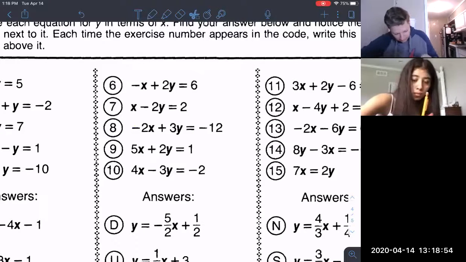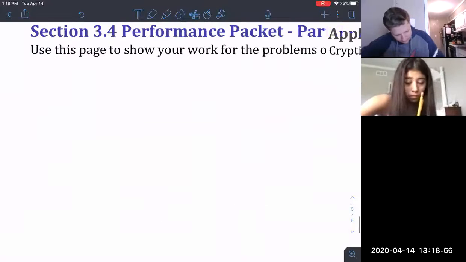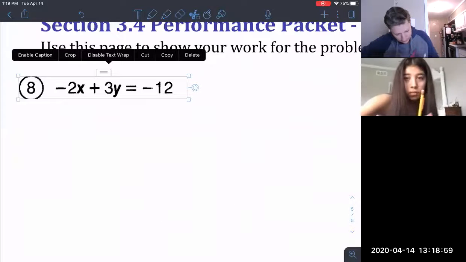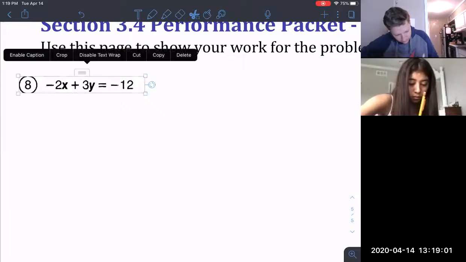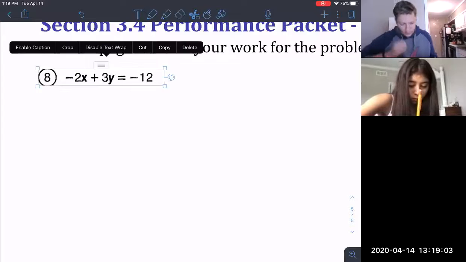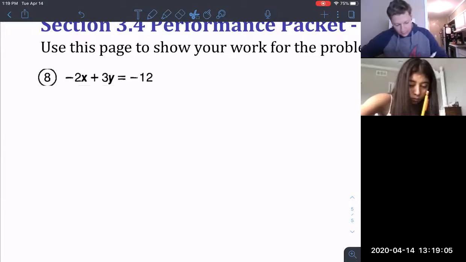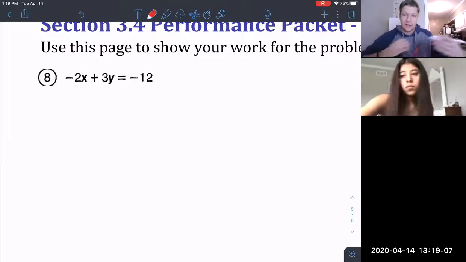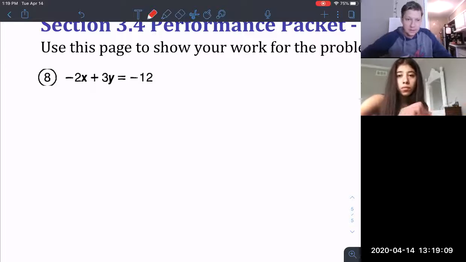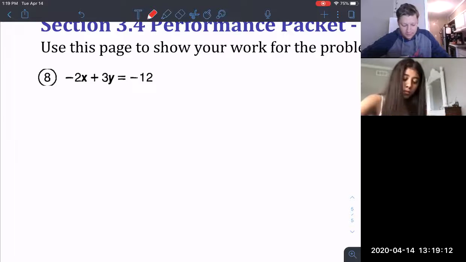So let's copy that. We'll bring it down here, and then we'll work on it. Okay. Yep, a lot going on here too, but let's see if you can figure it out. It's similar to the last problem we did. So what do we want to get rid of first on that side with y?